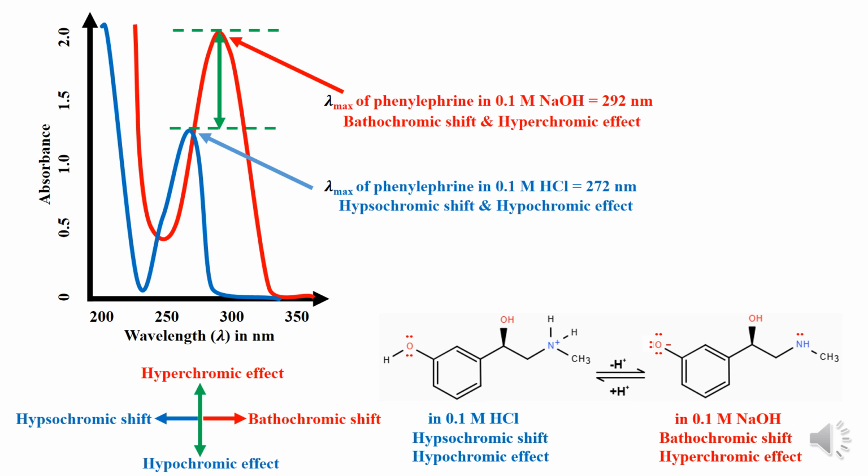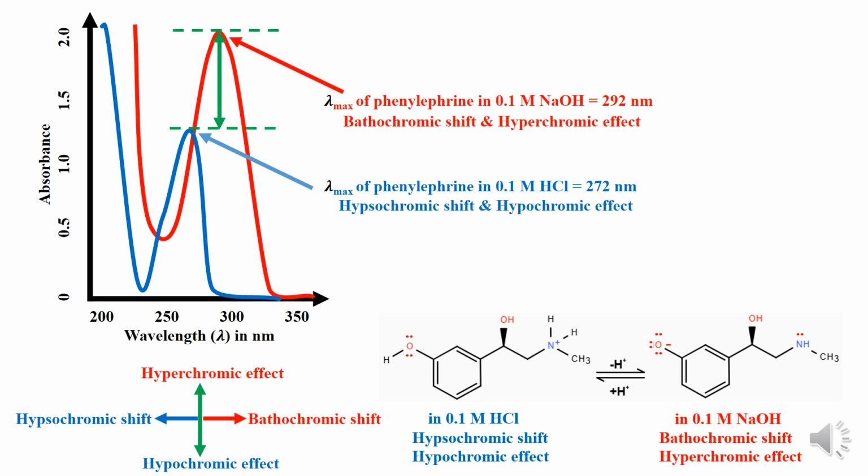Now what happens when you record the absorption curve under acidic conditions? Now under acidic conditions, you can see that the lambda max value is decreased from 292 nanometers to 272 nanometers. And not only that, the intensity of absorption is also decreased.